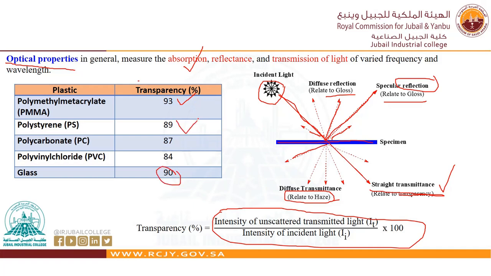You have polystyrene, polycarbonate, and then polyvinyl chloride. All these polymers are used where transparency is required. The higher the transparency, the lower the haze, that is the cloudiness. So you can measure in terms of haze or in terms of transparency. Most of these amorphous polymers have high transparency.